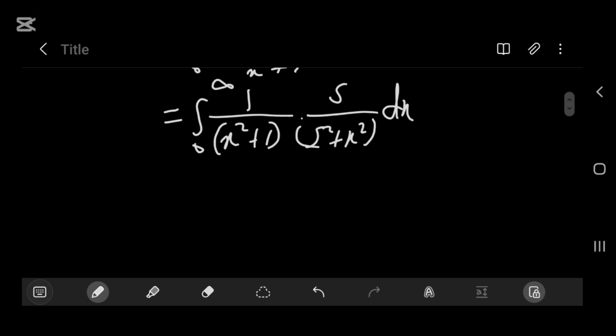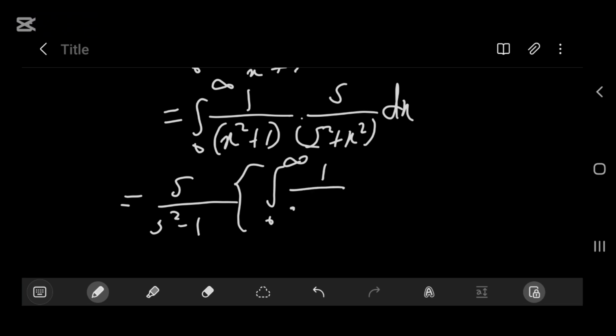Now doing some partial fractions here, we are left with s over s square minus 1, times the integral from 0 to infinity of 1 over x square plus 1 minus 1 over x square plus s square dx.